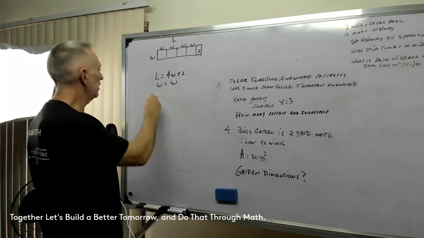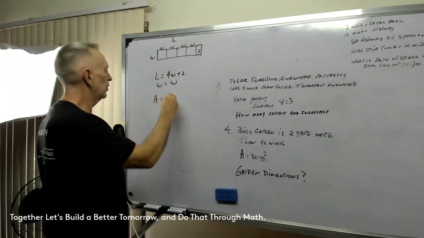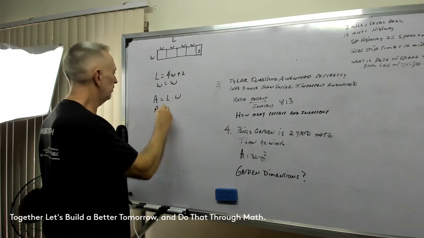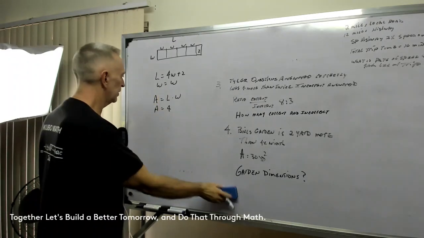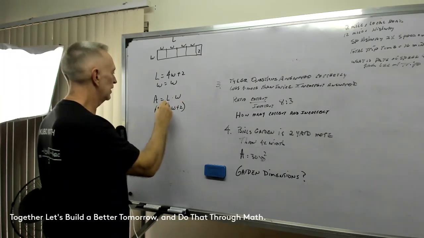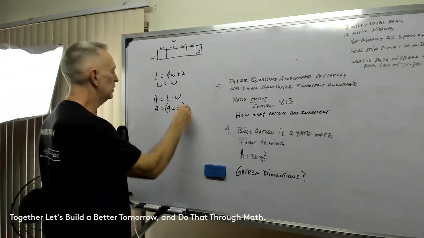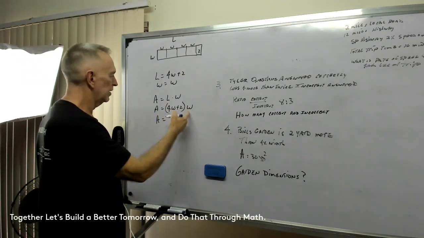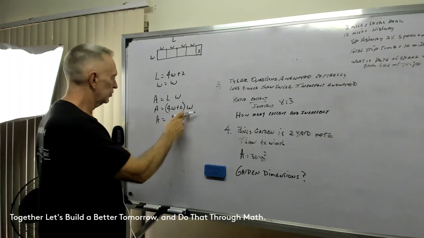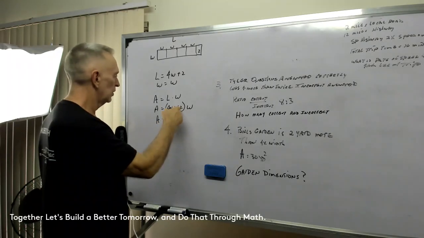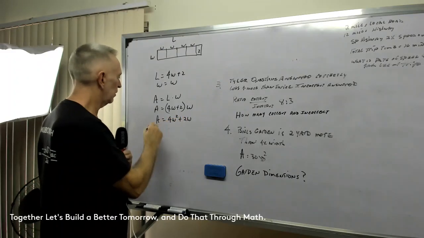Well, what is the area? Length times width. So area then would be 4W plus 2, that's my length, times W, which is the width. So area would be, if I distribute this to the inside, 4W squared plus 2W equals the area.